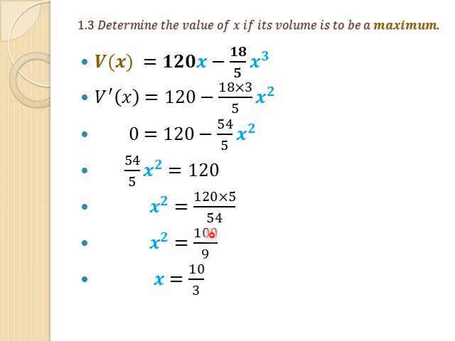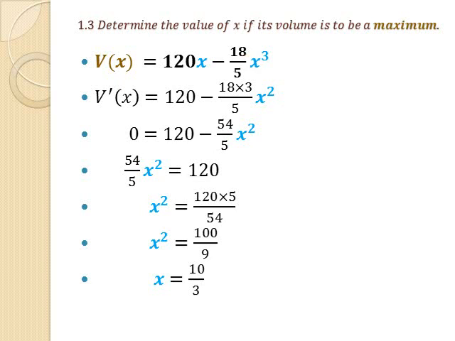So x squared equals 100 over 9. The square root of 100 is 10, the square root of 9 is 3. So x equals 10 over 3 for the volume to be a maximum. If they said find the maximum volume, then this would go back into the original equation to find the value.